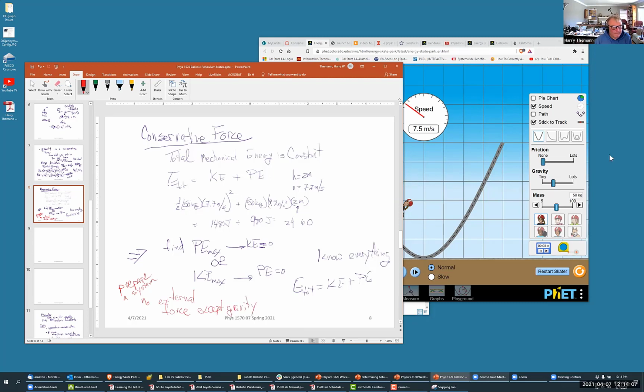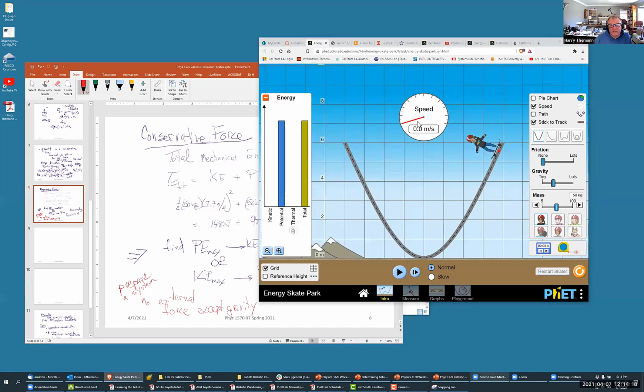So notice that when I'm moving her around, the total energy changes. And unfortunately, I can't give her an initial speed, which is too bad. I would have liked to have been able to do that. Can I do that with her?